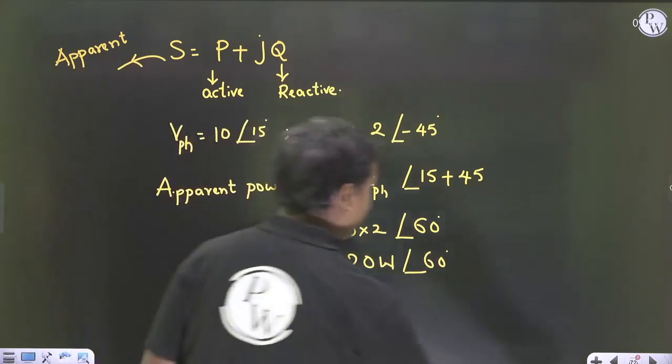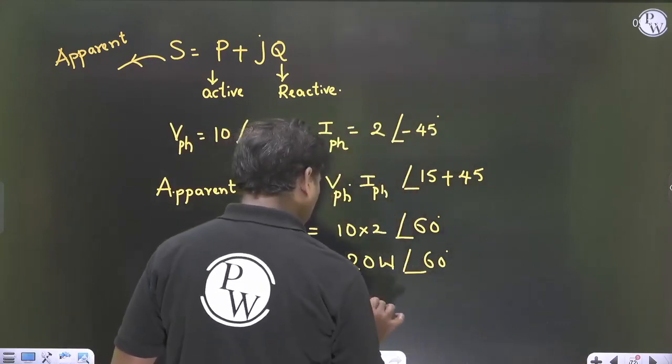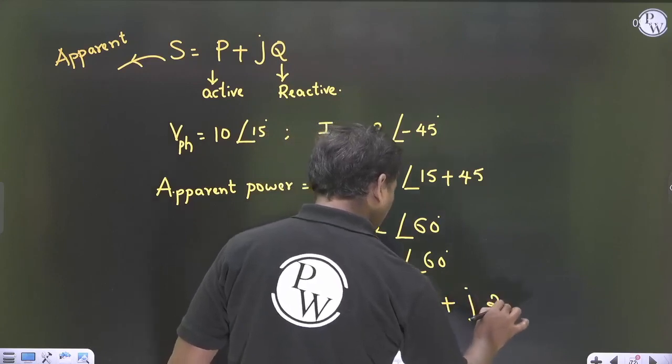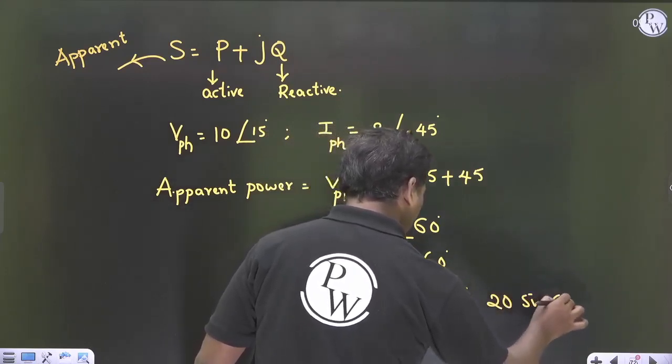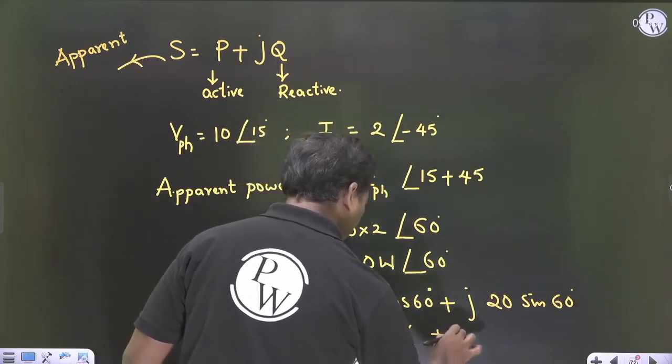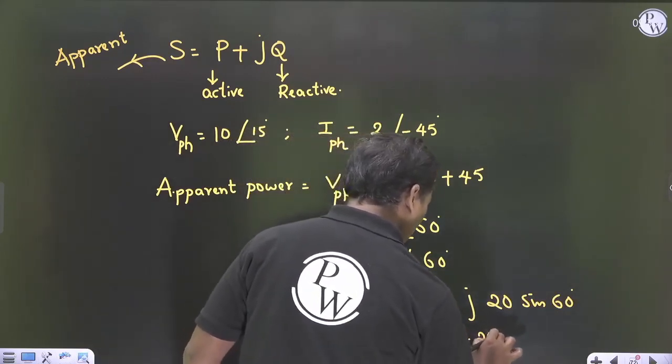We can write it as 20 cos 60 plus j 20 sin 60. That means cos 60 represents 1 by 2 and sin 60 represents root 3 by 2.